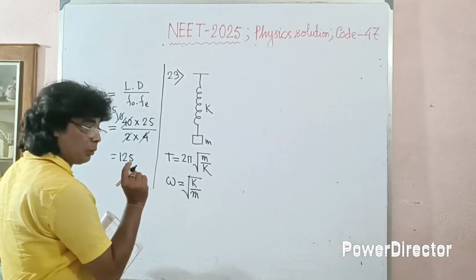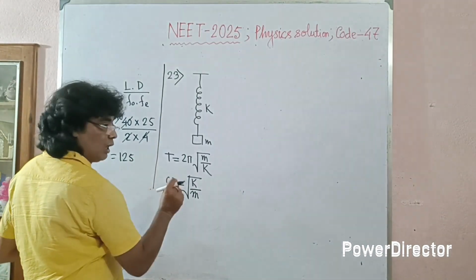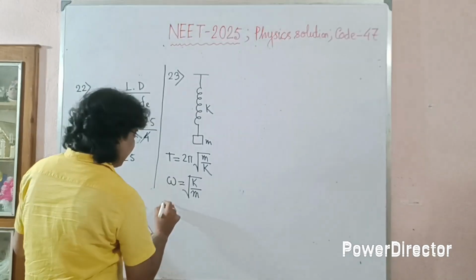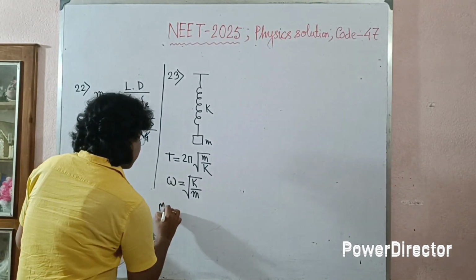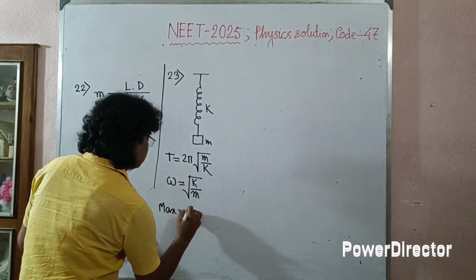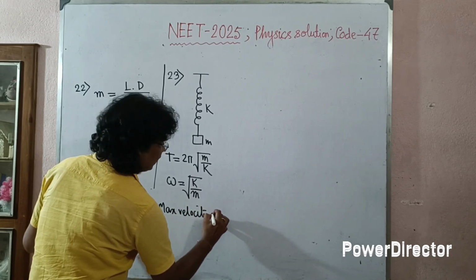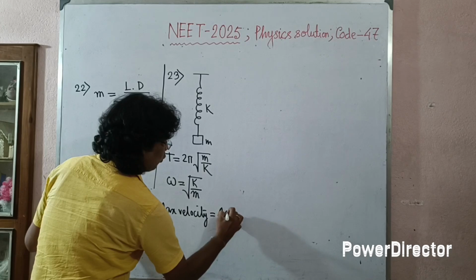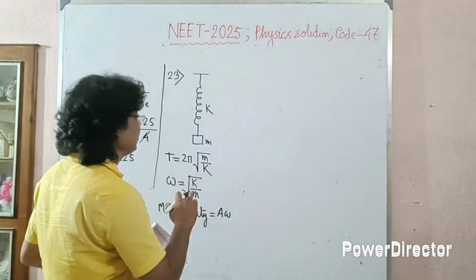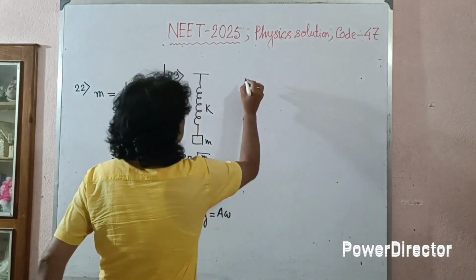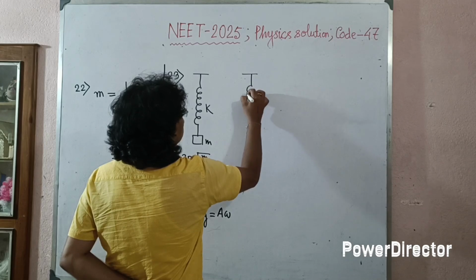And if amplitude of oscillation is capital A, then maximum velocity equal to A omega. Now, in this situation, here given two springs.